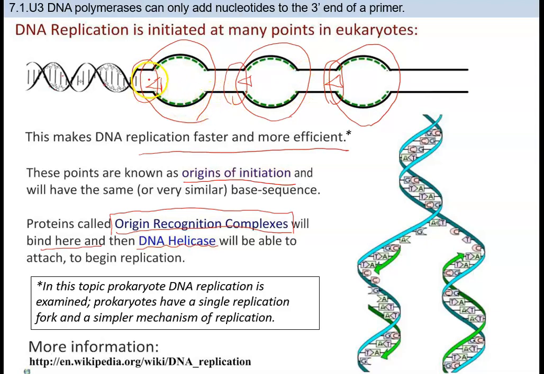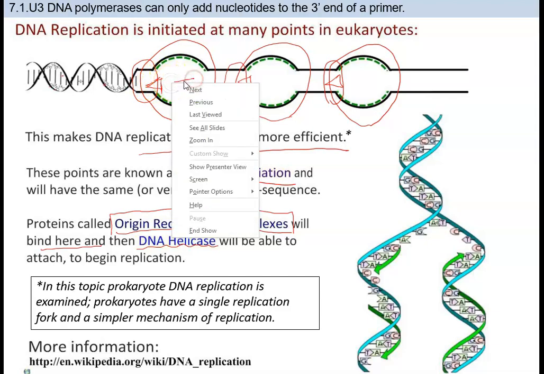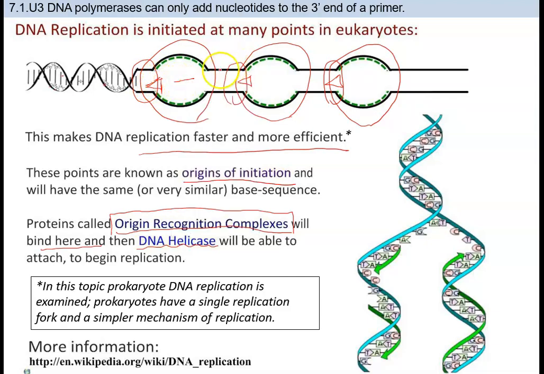I suppose that the direction of replication is starting from left to right. So the helicase is also trying to unwind the two strands from this direction.